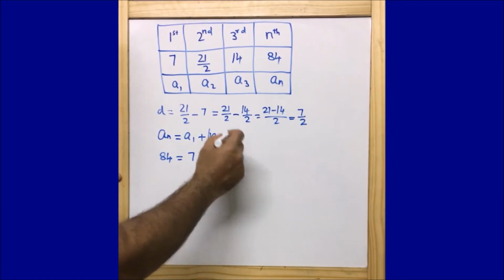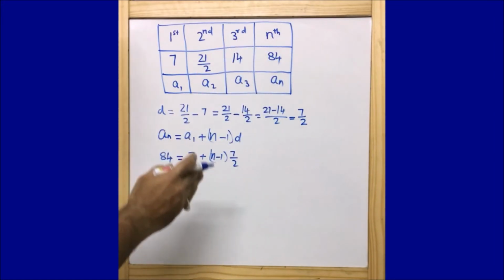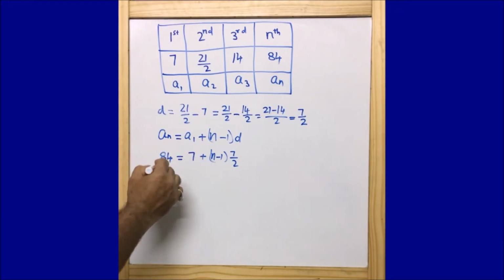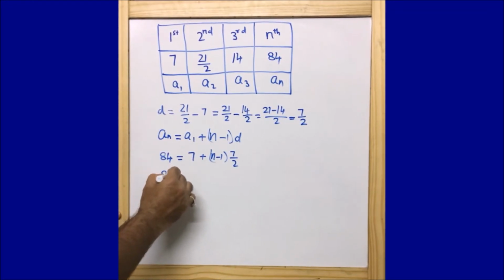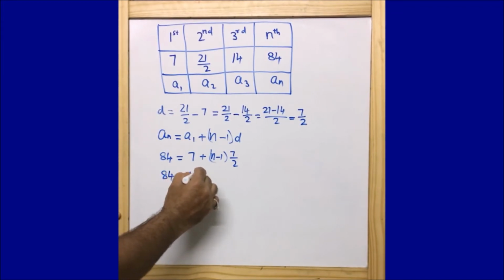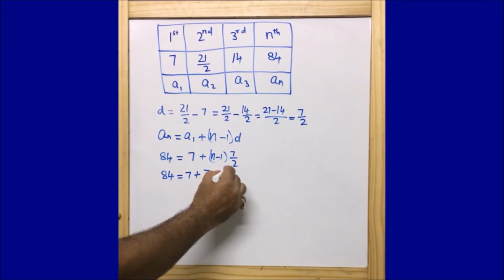Our main aim is to find the nth term; once we get it, it will be easy to find the sum. So 84 is equal to 7 plus 7/2 n minus 7/2.